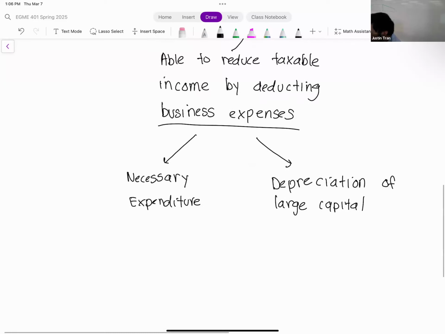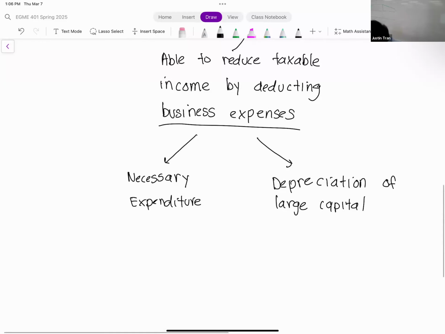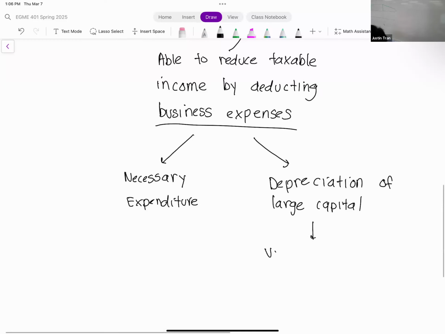The thing about these large capital expenses is that they're not used up within a year. You can see these types of things as an investment themselves. That's what we talked about last time: for these capital expenditures or capital purchases, their value will slowly decrease over time.